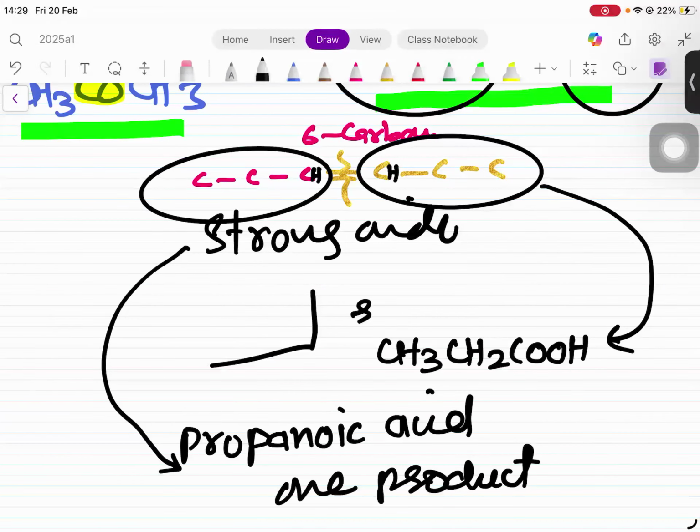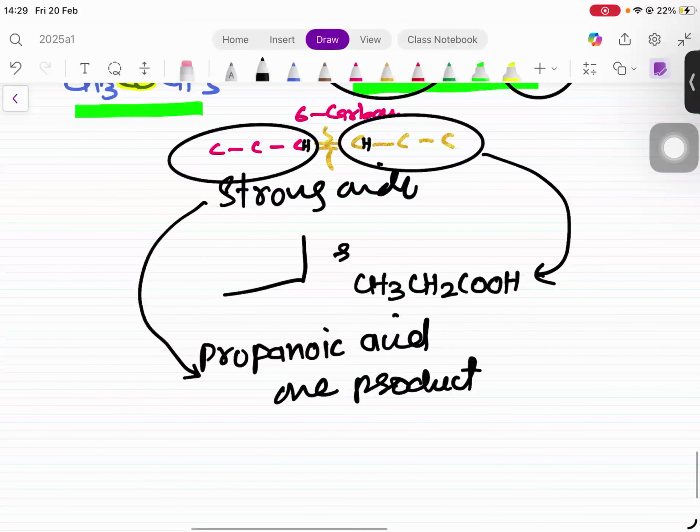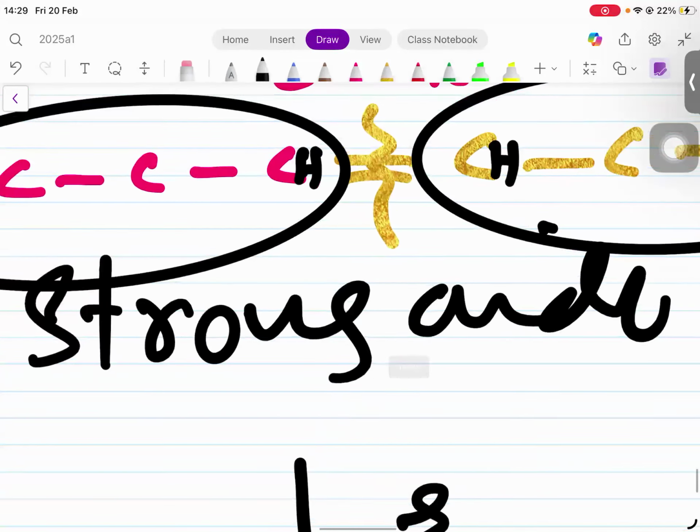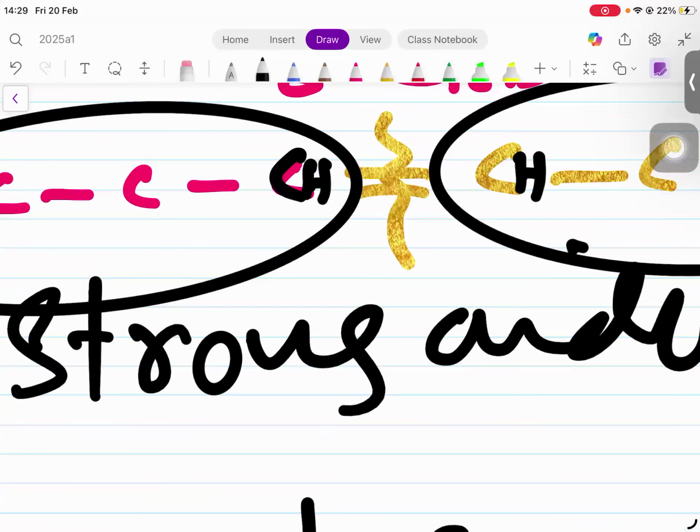Sir, wherever the double bond is, there is CH on both sides, right? So on one side it becomes CH, and on the other side CH2, right? No, there is CH again. Here is a double bond, so this is also CH and this is also CH.